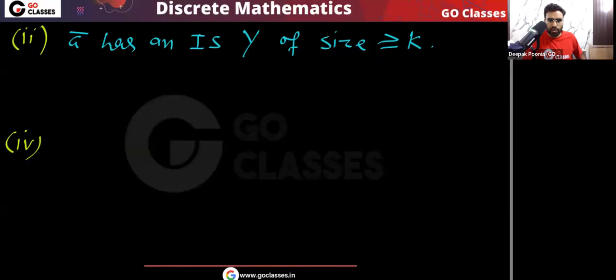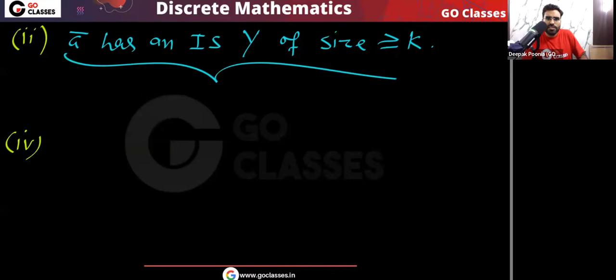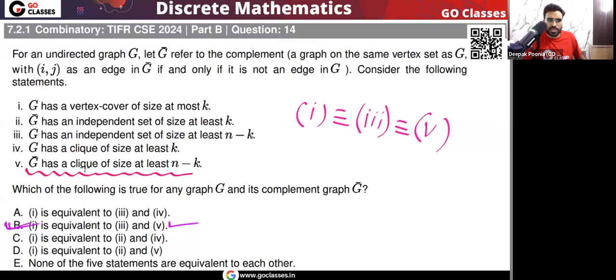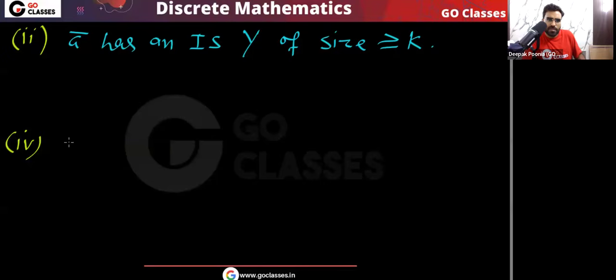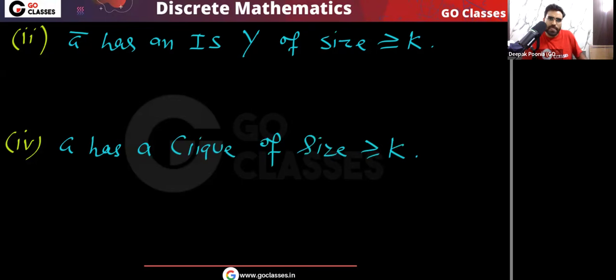This is the second statement. What is the fourth statement? G has a clique of size at least k.